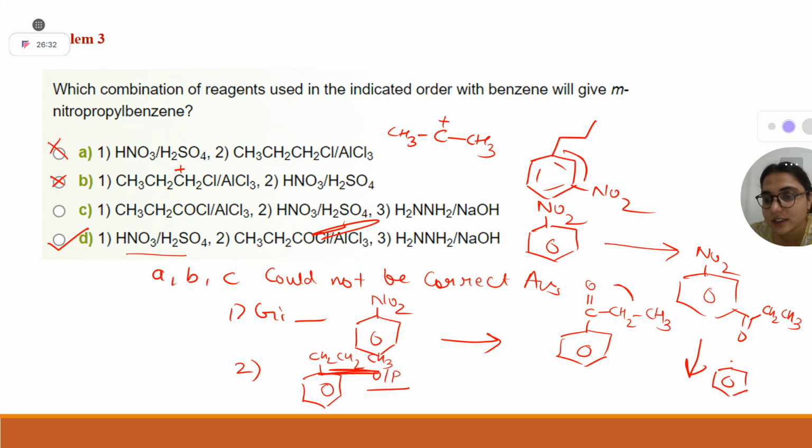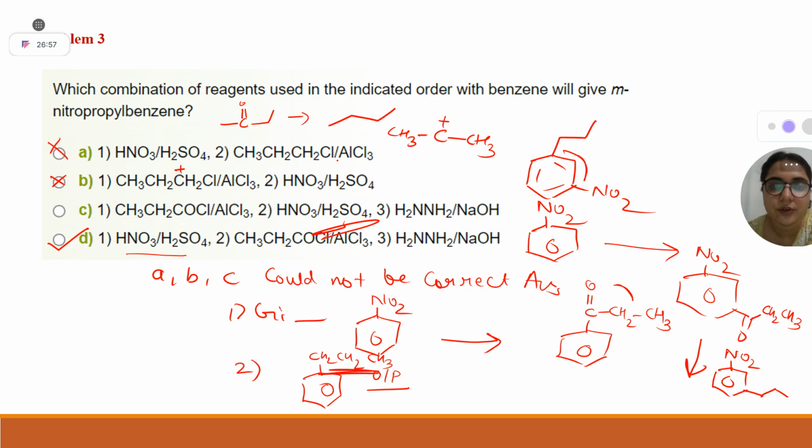And what is that, Zn-Hg/HCl? Clemmensen reduction. When do we use this Wolff-Kishner reduction, and when do we use Clemmensen reduction? Basically, this reaction converts your carbonyl to an alkyl chain.